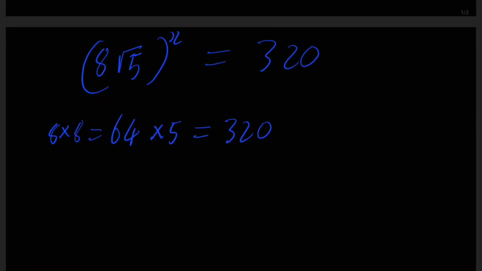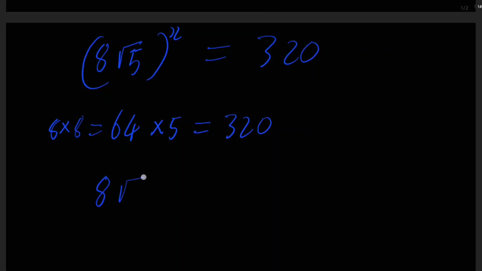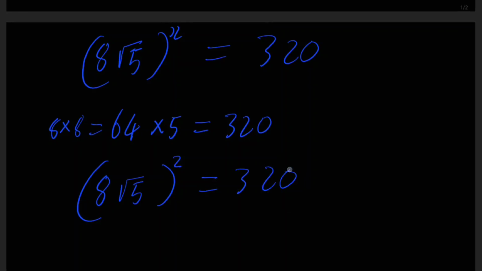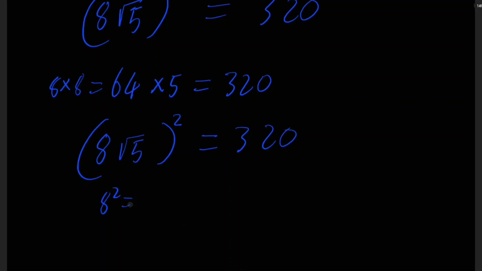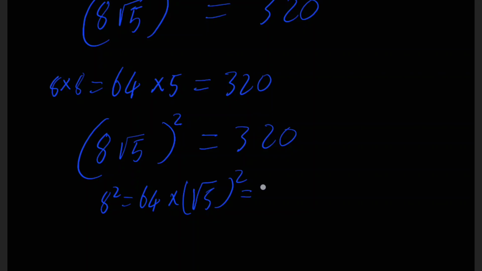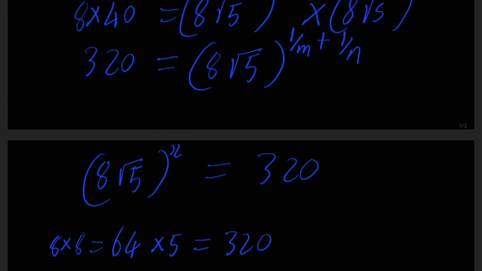So we see here that if we take 8 root 5, all squared, it's going to give us 320, because 8 squared is 64 times the square root of 5 all squared, which is equal to 5. When you take 64 times 5, it's going to give us 320. From here, this simply means our 1 on m plus 1 on n is equal to 2.